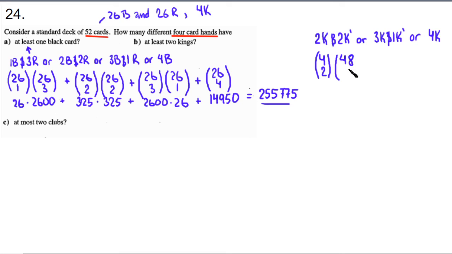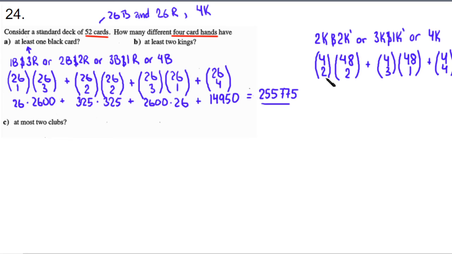That's going to be 48 choose 2. Plus. And now we're choosing 3 kings, so it's going to be 4 choose 3. And again, it's going to be 48 cards that are not kings, and we're choosing 1. 48 choose 1. And then finally, we're choosing 4 kings out of 4 kings, so it's going to be 4 choose 4.